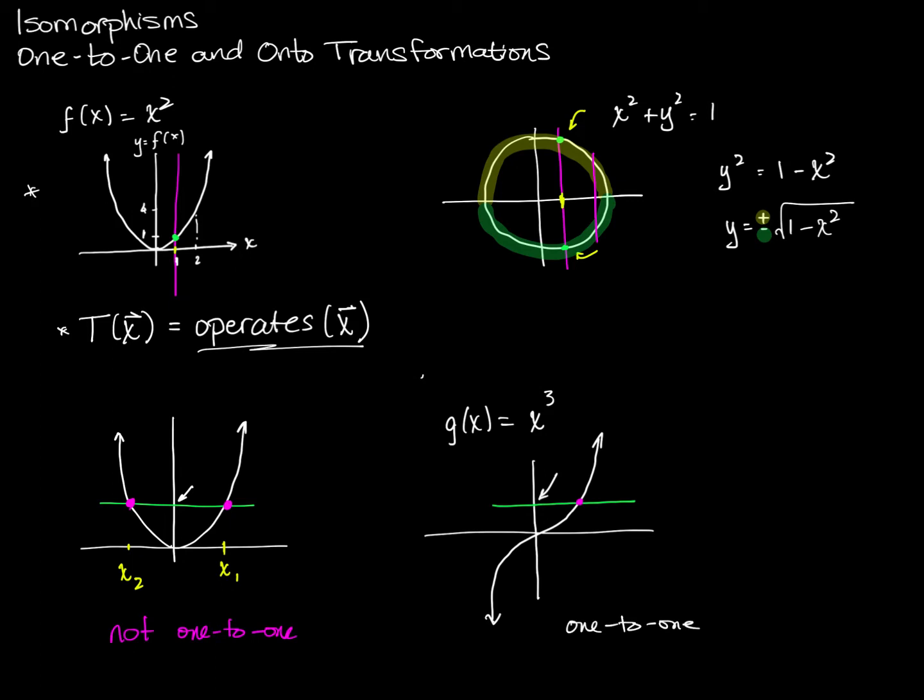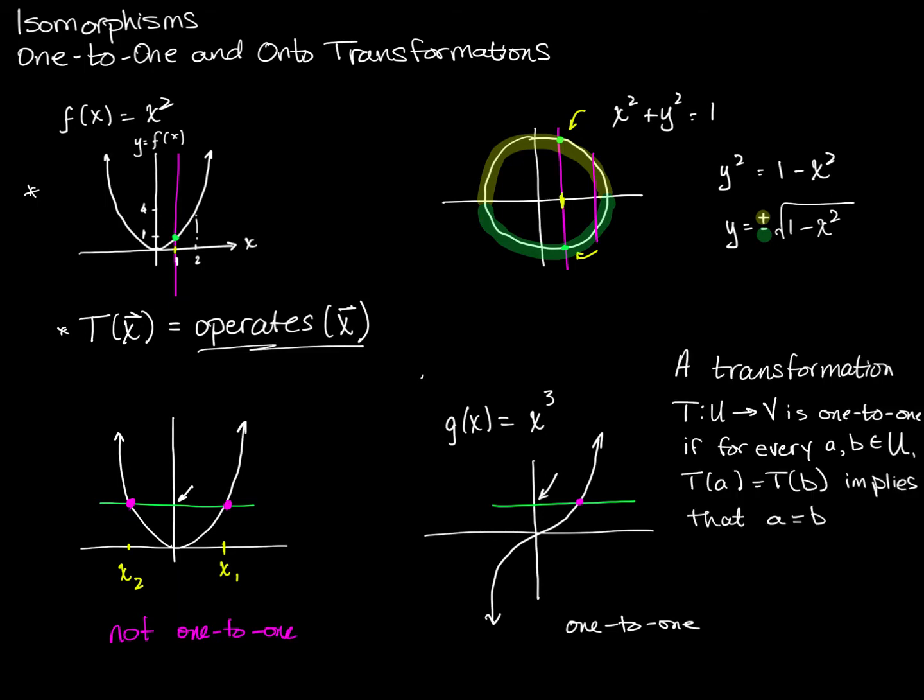Let's take a little bit of a look at the vocabulary that your book uses, the definition that your book uses. It says that a transformation T from U to V is called one-to-one if the following statement is true.